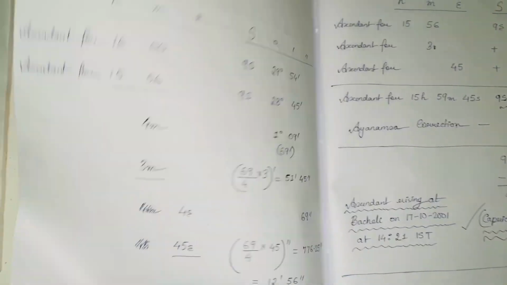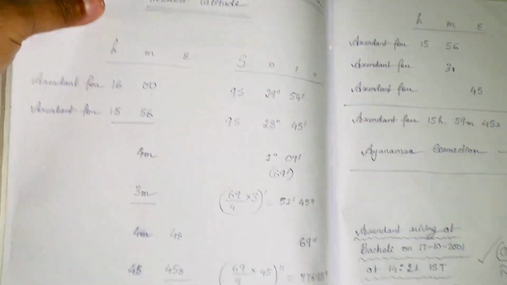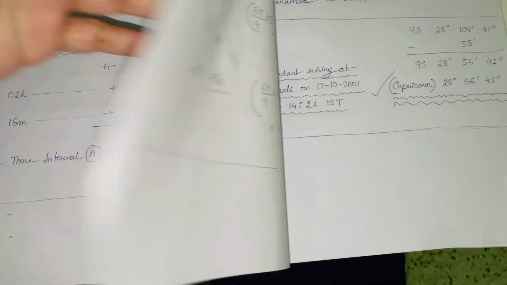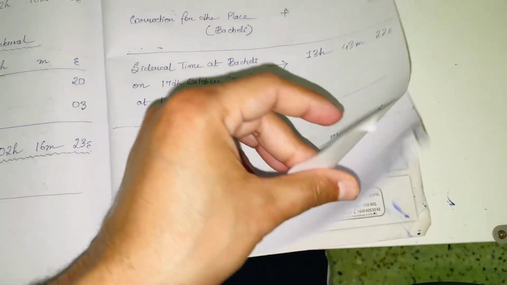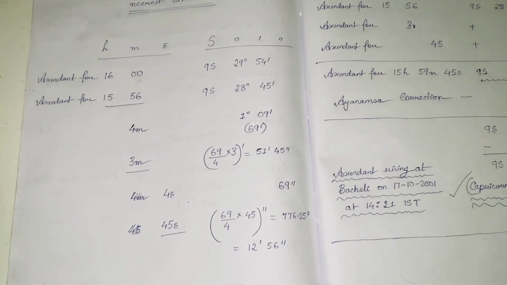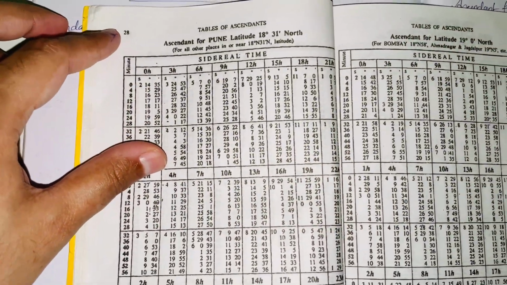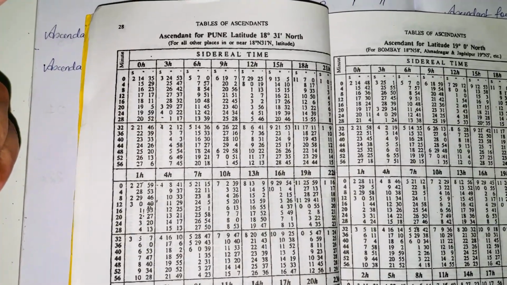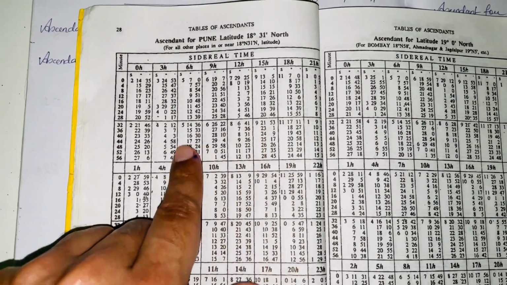Okay, now let's come back to step number 5. Here we want to work with the sidereal time of 15 hour 59 minute and 45 second, from page number 28. So what are the two values that we need to work with? First, see where 15 hour and 59 minutes lies in between.